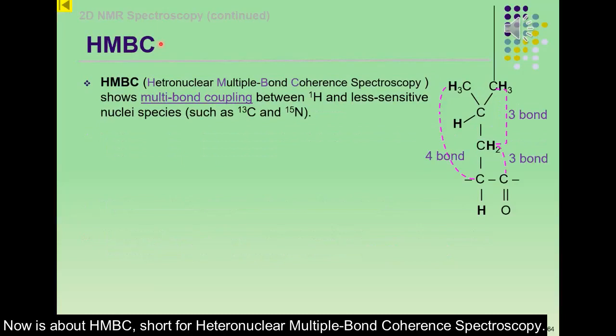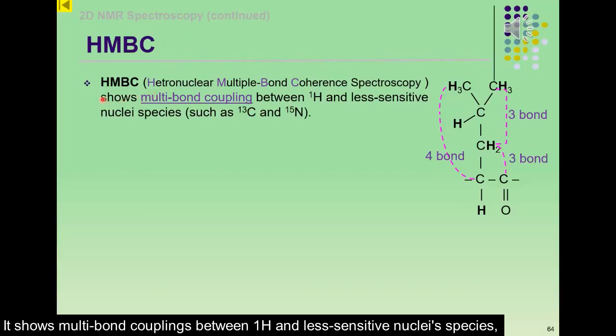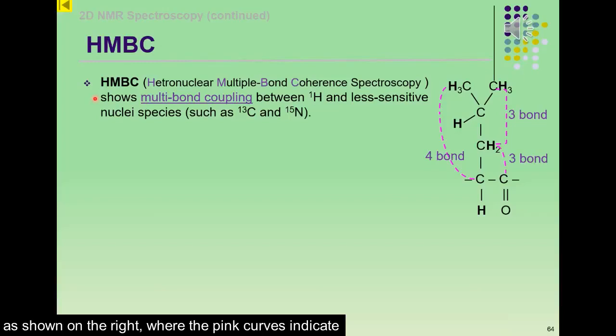Now it's about HMBC, short for heteronuclear multiple bond coherence spectroscopy. It shows multi-bond couplings between 1H and less sensitive nuclei species, as shown on the right, where the pink curves indicate the HMBC correlations that can be observed.